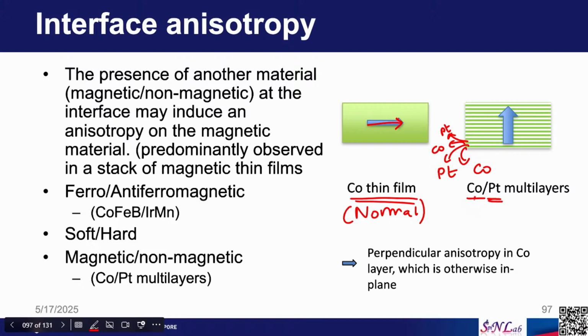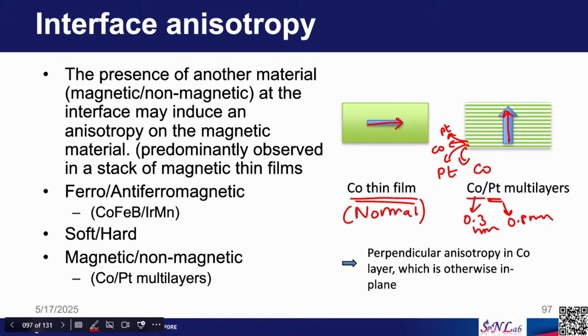For example, let us say this cobalt is only like 0.3, 0.4 nanometer, and this platinum is like say 0.8 nanometer or so. So, when you deposit very thin layers of cobalt and platinum, stacking one on top of another, people have found out that this film can have perpendicular anisotropy.